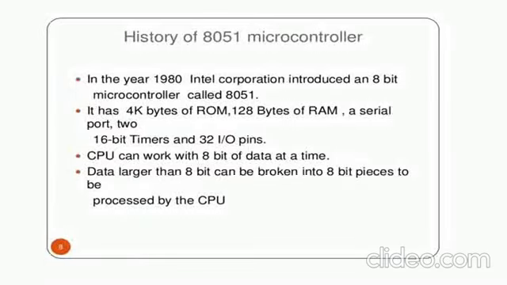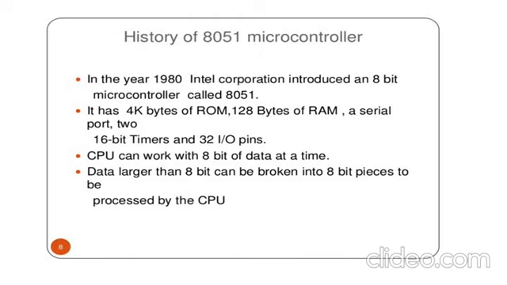This 8-bit 8051 was introduced in 1980 by Intel Corporation, and this 8051 has 4 kilobytes of ROM and 128 bytes of RAM, 1 serial port, 2 16-bit timers and 32 IO pins, or else you can also write 4 ports, 4 input output ports. So these are generally the features of 8051.